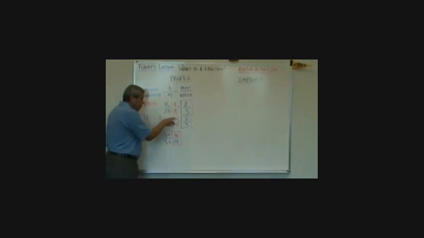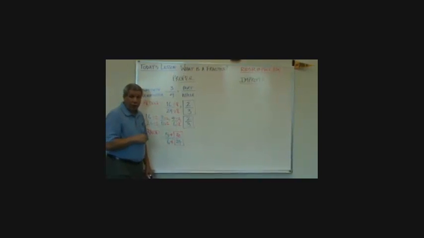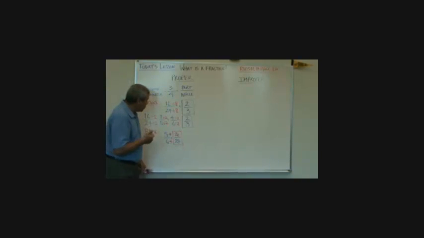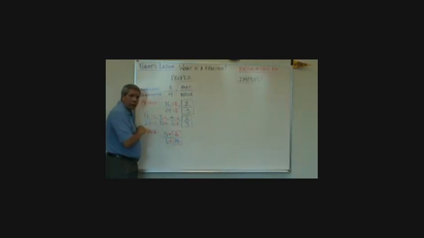Now you notice we must use the same number whenever we raise or reduce a fraction. Always. We cannot use different numbers. All right? Also, you will notice that 16 over 24 does not look like 2/3. 5 over 6 does not look like 20 over 24. But the equal sign tells us that they are the same value.